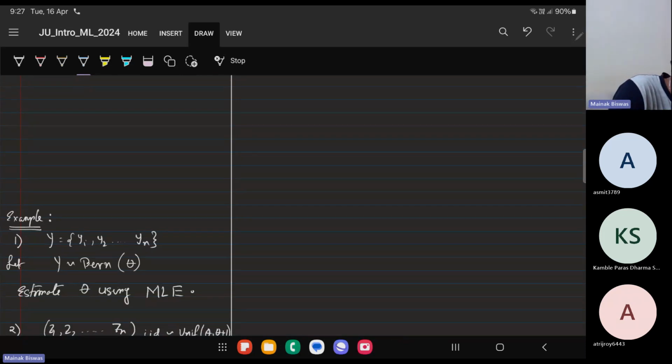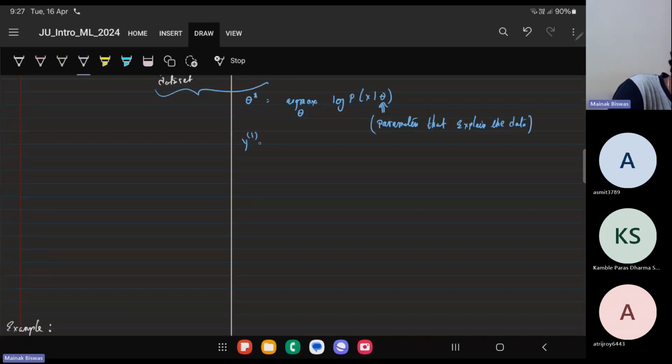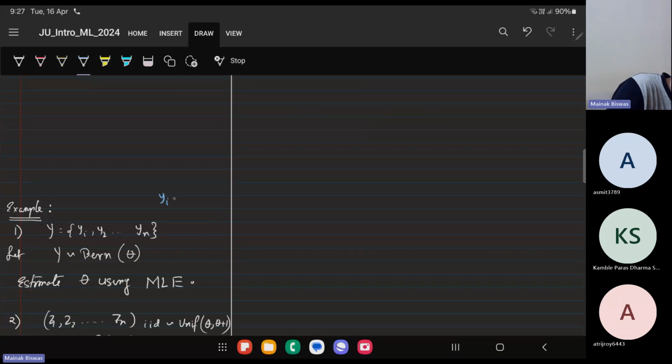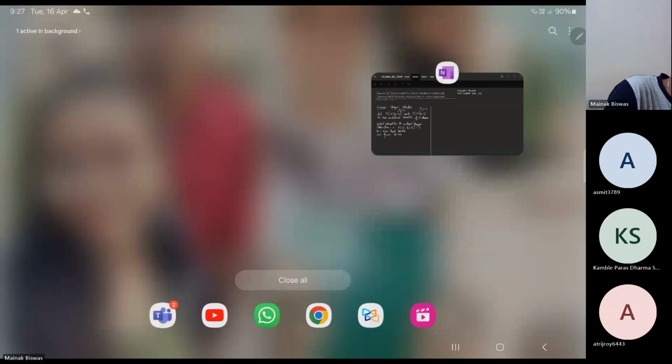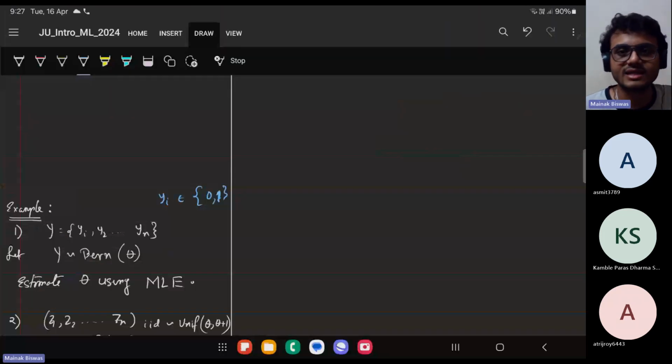Say you have y1. I'm writing this in the subscript, but just ignore me. So yi's are real numbers, or they are between 0 and 1, or is it 0 or 1? Okay, yi's are 0 or 1. Now, what am I saying?